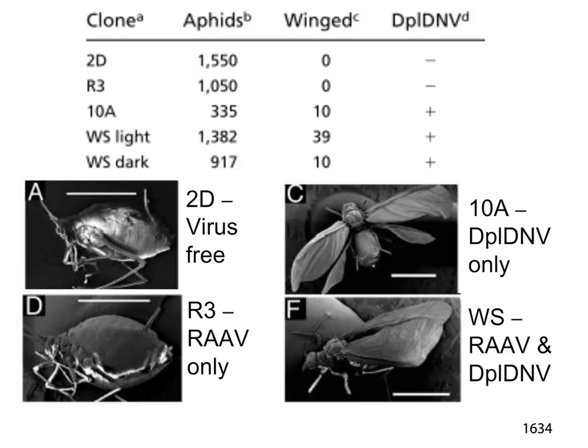They infected some of them with one virus, the RAV only, the second virus only, both viruses, and then virus-free, and then looked to see who had wings, okay? According to their data set, it was not the rosy apple aphid virus. It was the Dysaphis plantaginea densovirus that actually caused wing formation.